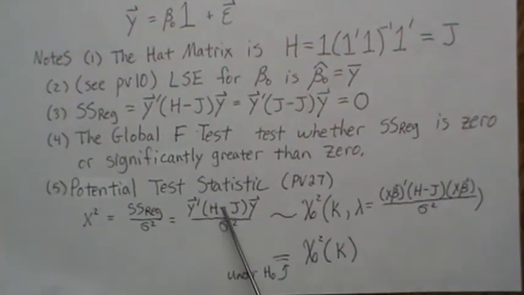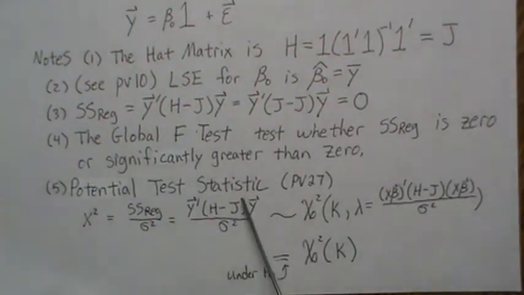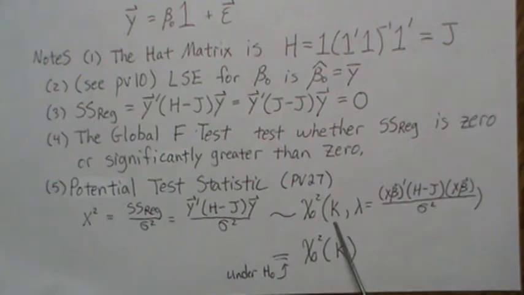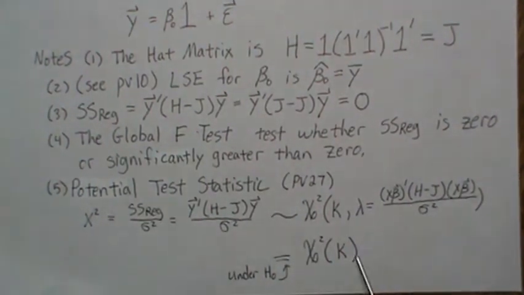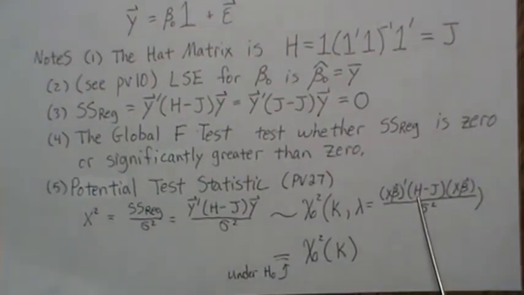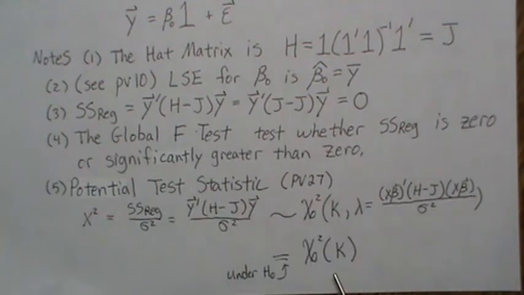And where does k come from? K is the rank of the middle matrix when it's in quadratic form. That's the rank, or the degrees of freedom. It has a non-centrality parameter, but under the null, H was J, so this becomes 0. It's a central chi-squared with k degrees of freedom.